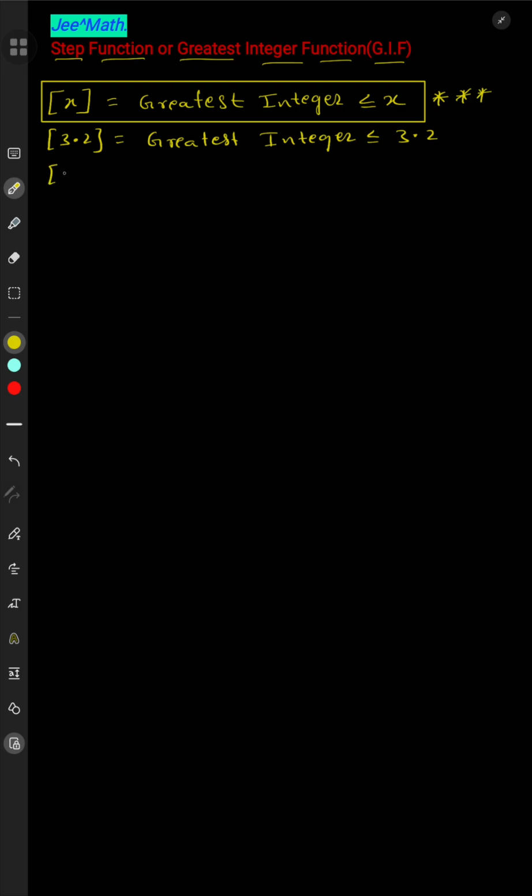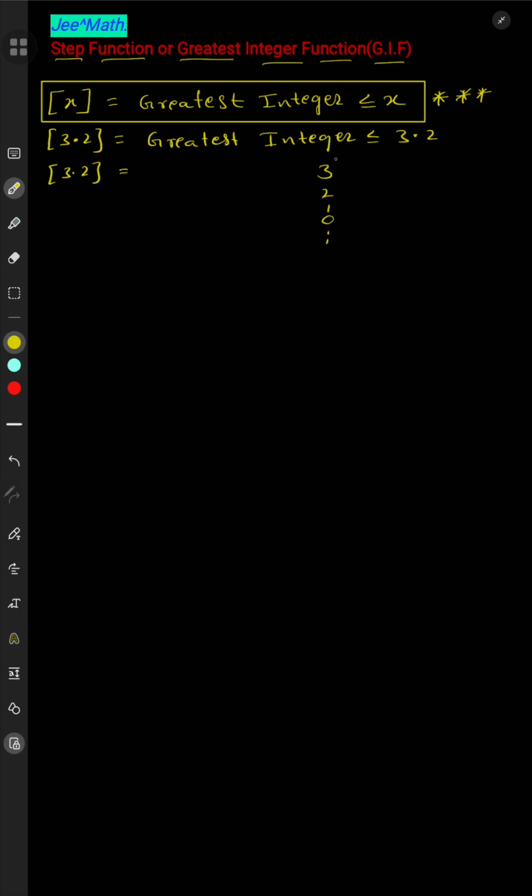So see, step of 3.2 is equal to, you need to take the greatest integer that should be less than or equal to 3.2. So less than or equal to 3.2, so many integers are there. So you see here 3 is an integer which is less than or equal to 3.2. Next, 4 is not. 2 is also an integer less than or equal to 3.2. 1 is also an integer less than or equal to 3.2. 0, and so on.